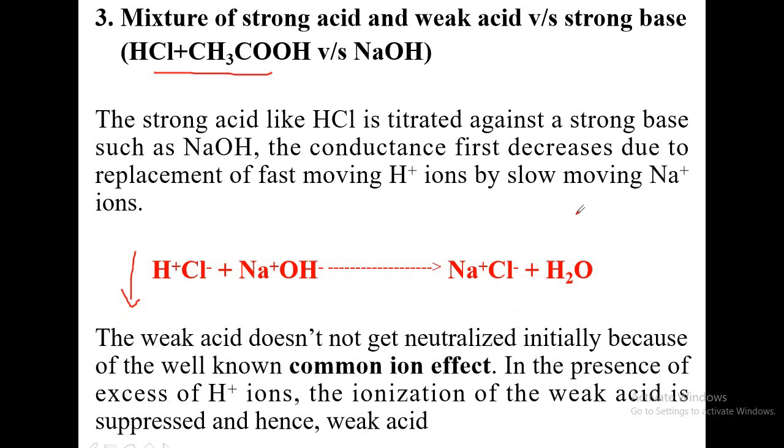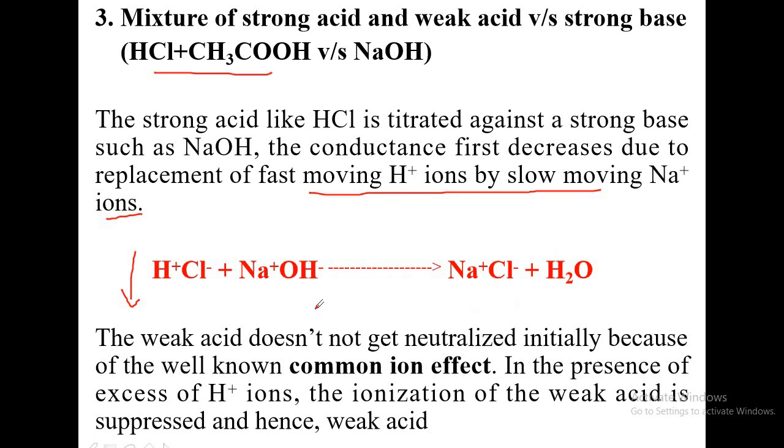So the fast moving H plus ions are replaced by slow moving Na plus ions, and hence conductance decreases. Whenever a fast moving ion is replaced by a slow moving ion, conductance decreases, because we have studied that conductance depends on size. Larger the size of the ion, lower the conductance.